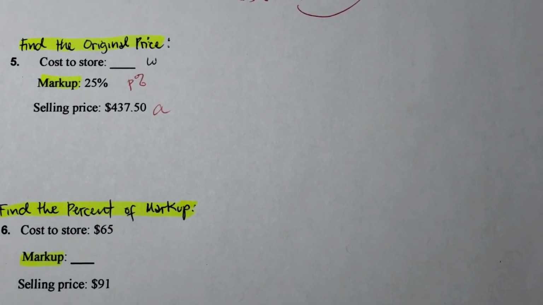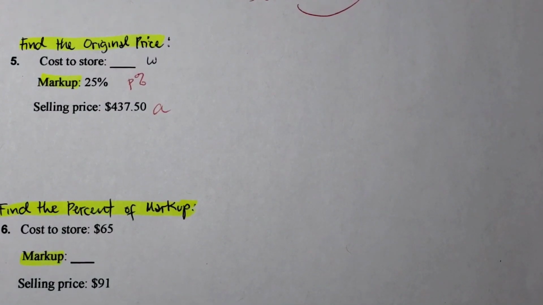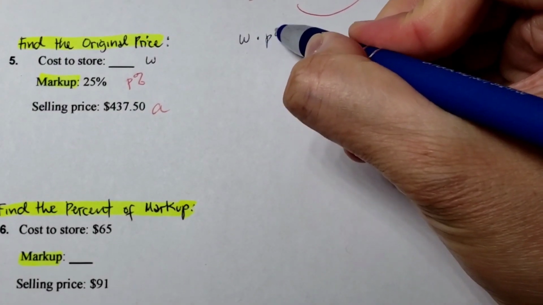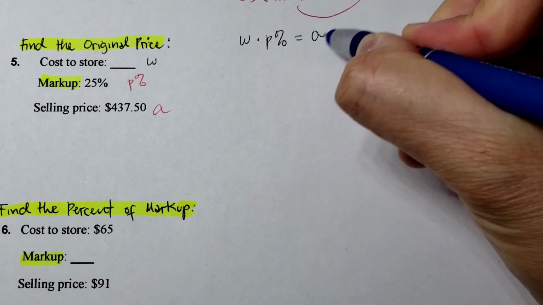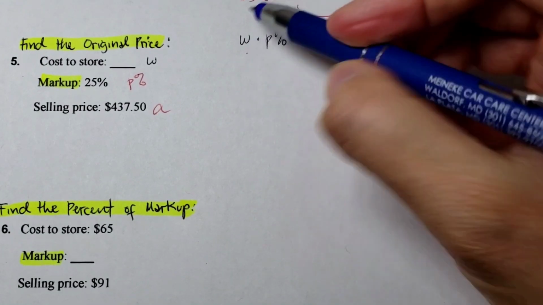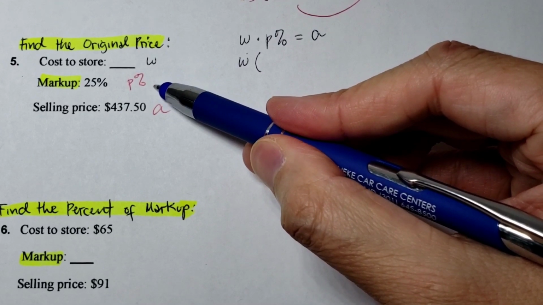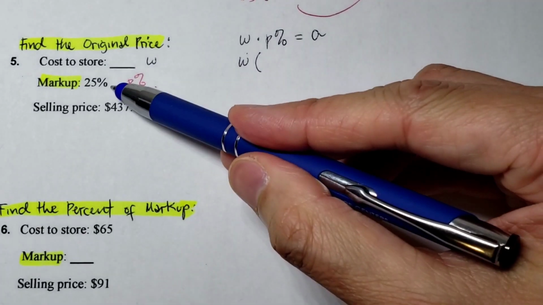There you go. Now, what do we do? Again, use our formula. So we got W times the percent equal to A. Do we know the W? We do not know the W. Do we know the percent? We do know the percent. Remember, it's 25% more.